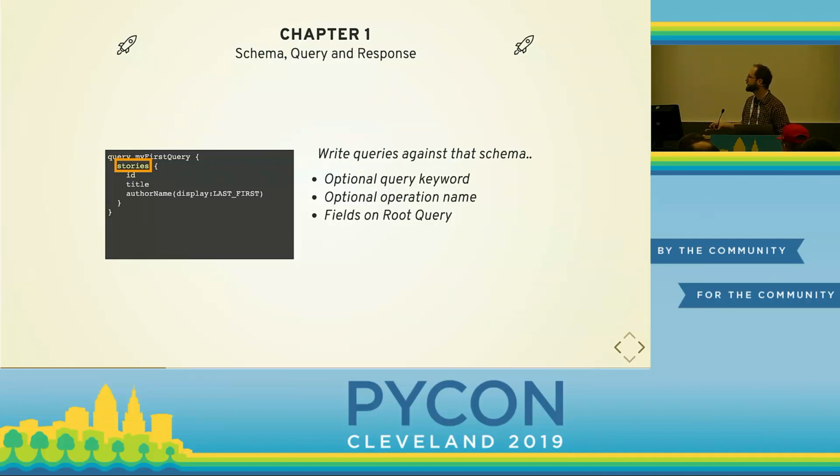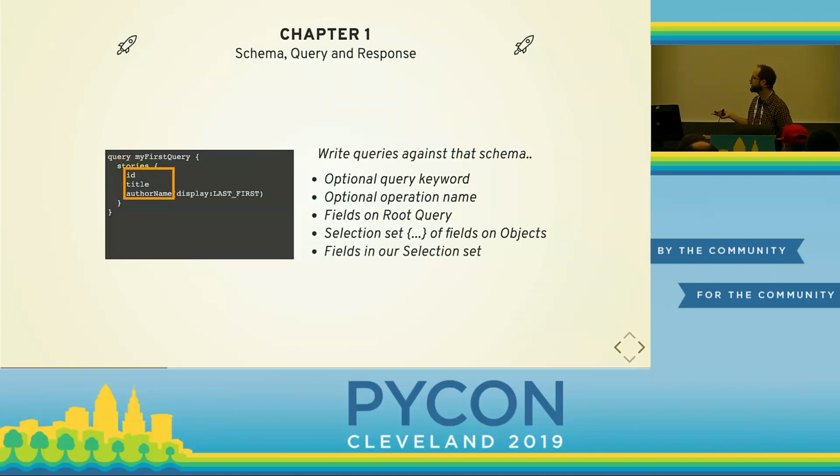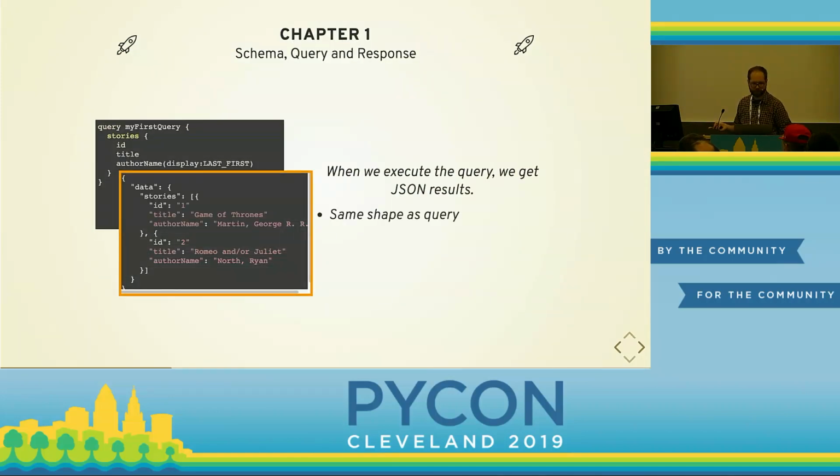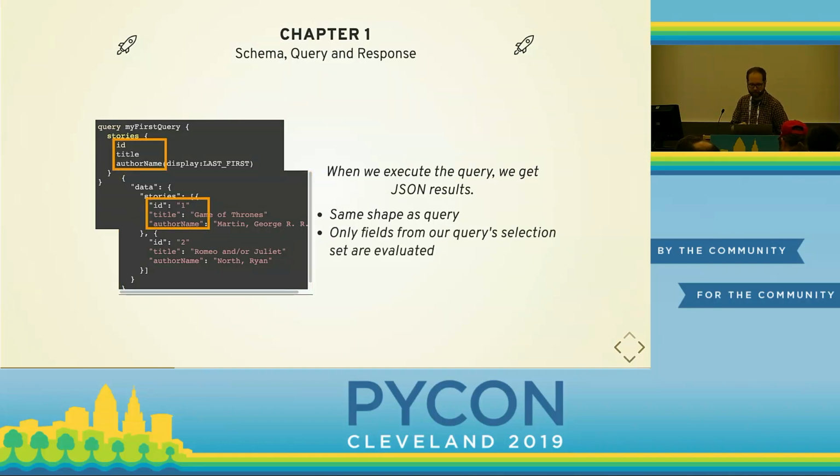That's our first field that we're fetching. We have a selection set of fields on the object, and the arguments and values for those arguments. When we send that to the server, we're going to get some JSON results back, and those JSON results are going to be exactly in the shape of what we asked for. Only the fields that we've asked for in the selection set are evaluated.